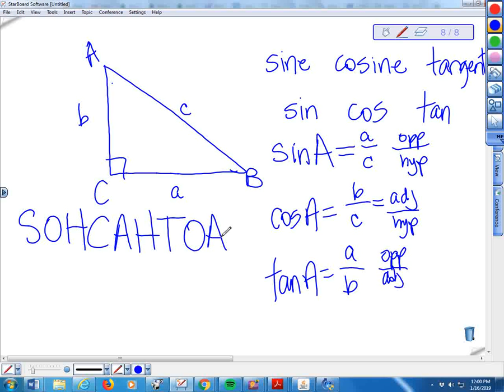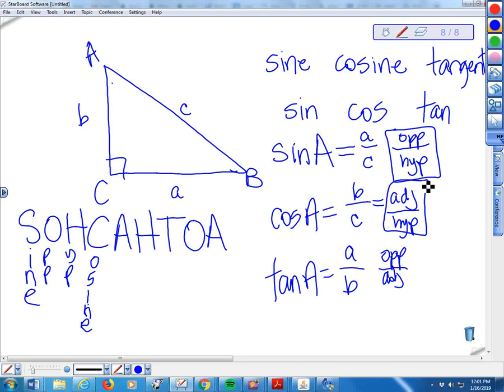SOHCAHTOA. This is your acronym to help you remember what sine, cosine, and tangent are. S in the acronym stands for sine. Sine is opposite over hypotenuse. Cosine is adjacent over hypotenuse, AH.